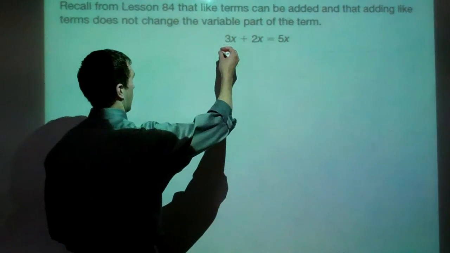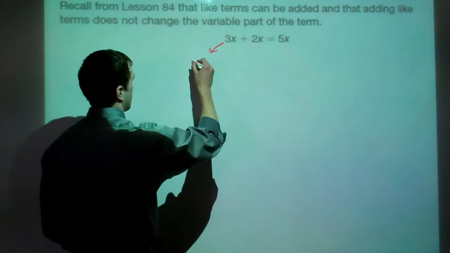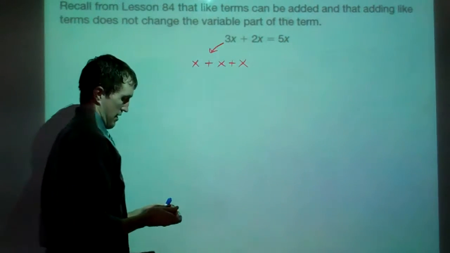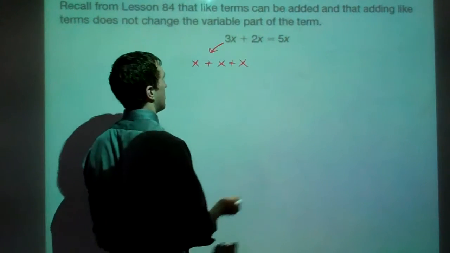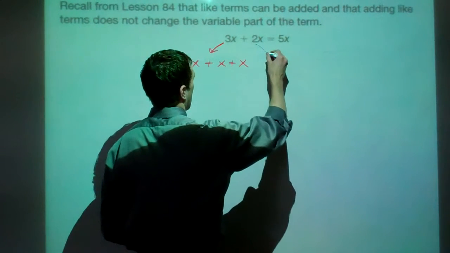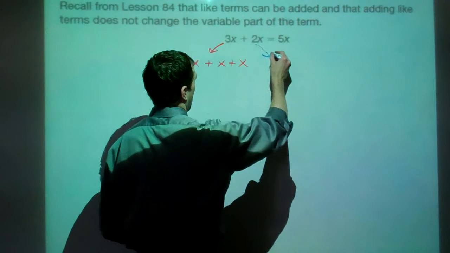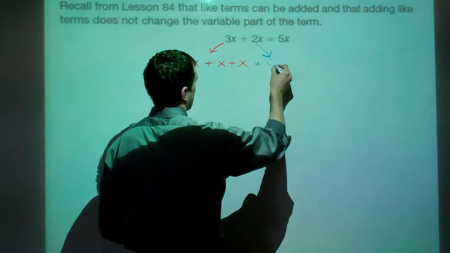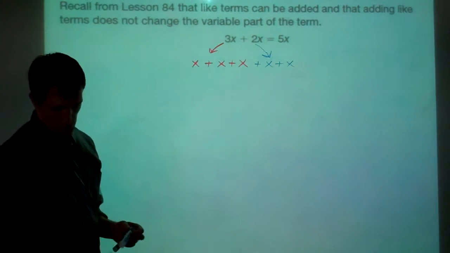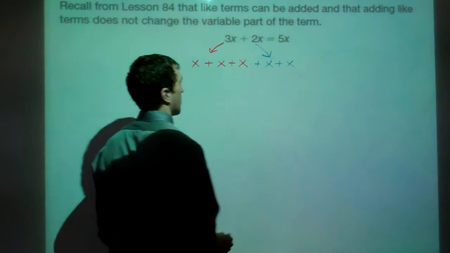So what does that look like longhand? This is x plus x plus x. And then this is adding on plus 2 x's, and that means we're going to get a total of 5 x's.